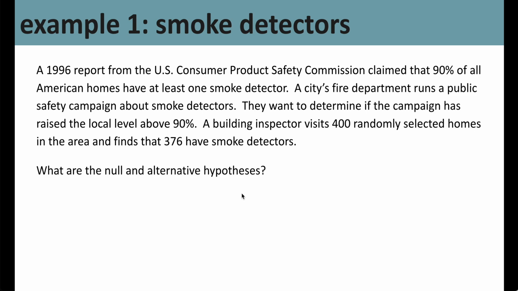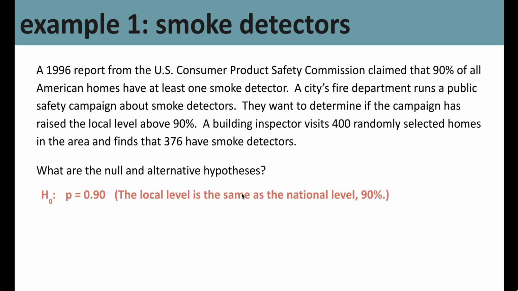So let's do our hypothesis statements. Our null hypothesis, H0, is the statement that nothing has changed. In this example, that would be that P equals 0.9, which is the proportion version of 90%. We never write things as percentages; we leave them as decimals or proportions, so 0.9. Basically, this is saying that the local level is the same as the national level: 90% of homes have smoke detectors.